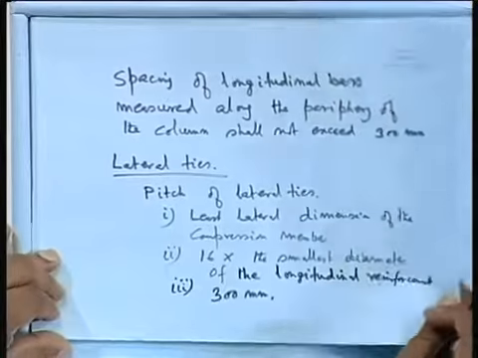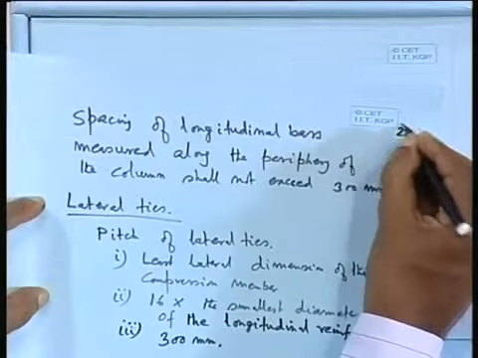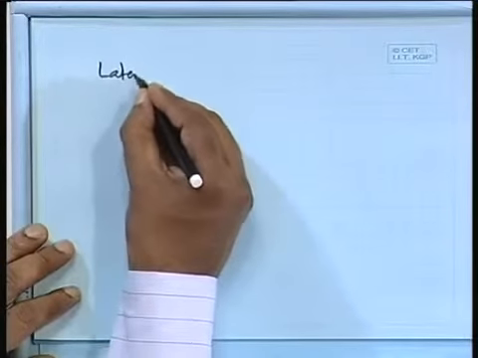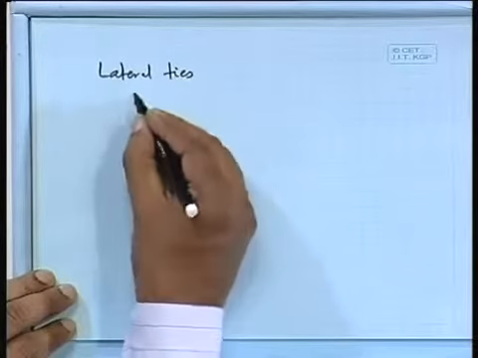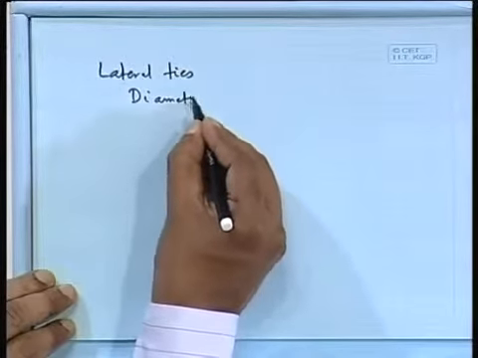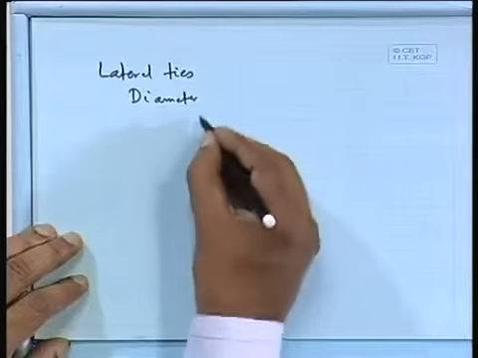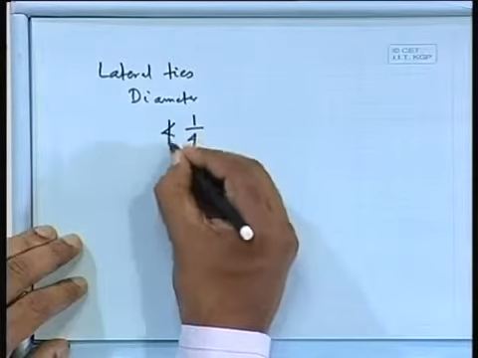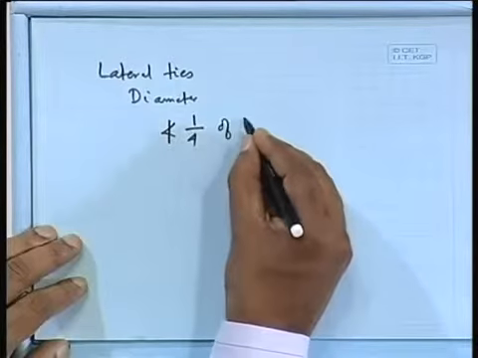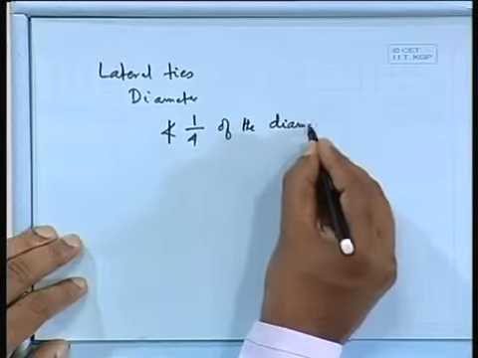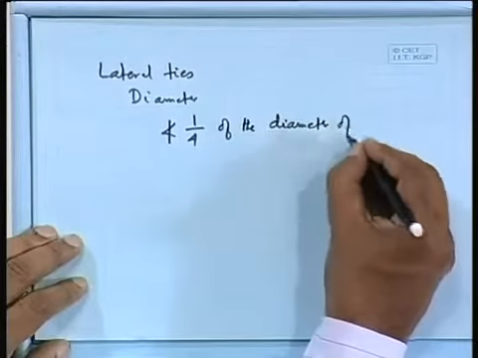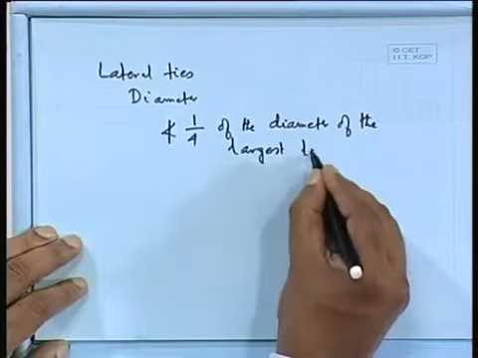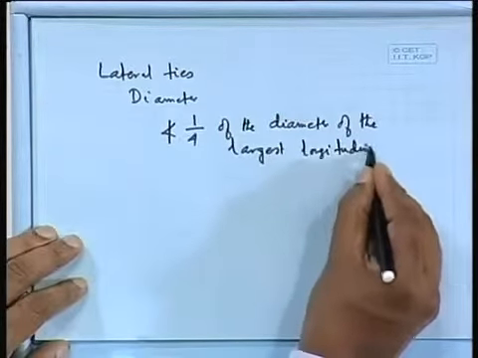But what about the diameter? The diameter should be not less than 1/4 of the diameter of the largest longitudinal bar.